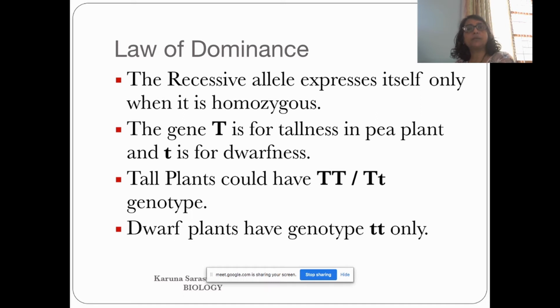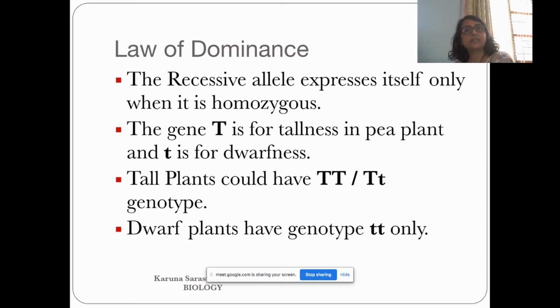So what do we mean by a homozygous condition? Homozygous condition means that the same allele is present in a double dose. That means capital T is the allele for tallness and small t is the allele for dwarfness. So when there is a capital T and capital T, the plant becomes tall.